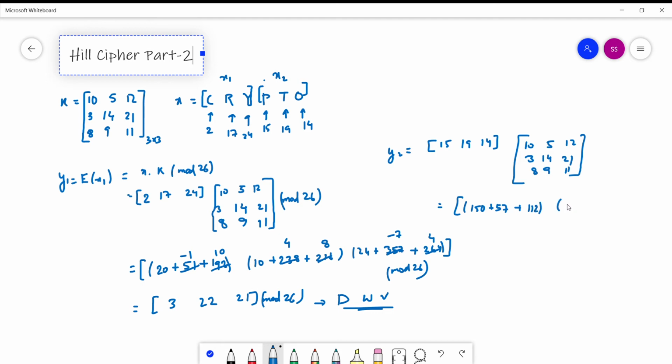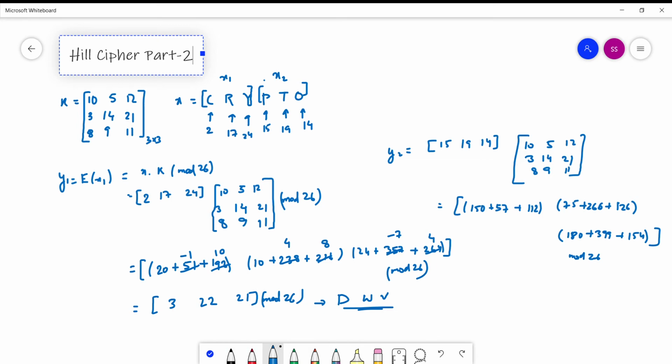Then the second value will be 75 plus 266 plus 126. And the third value will be 180 plus 399 plus 154. You have to use mod 26 here.